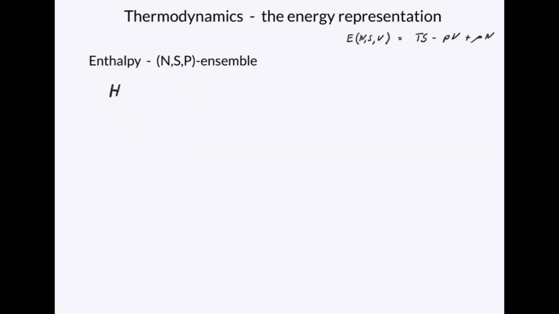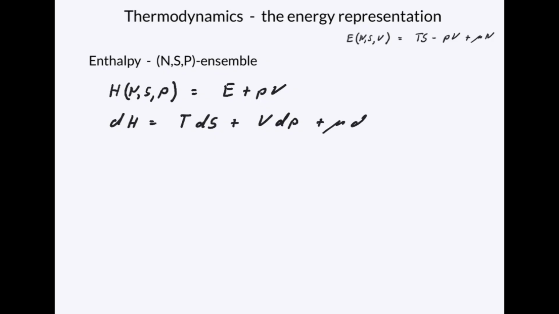Another ensemble is the NSP ensemble, also called the enthalpy H. Hence, in comparison to describing the energy, we have to interchange the parameter volume versus pressure. Again, using the Legendre transform, we know how to do this, and H then reads as E plus PV, or in the differential form, dH is equal to T dS plus V dP plus mu dN, from which you can read off the conjugate variables T, V, and mu.